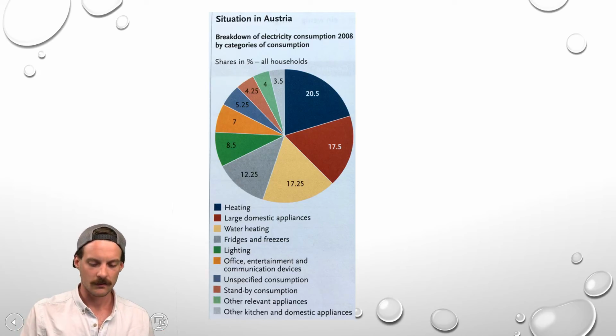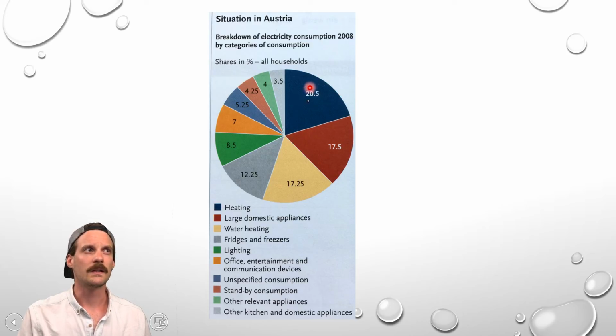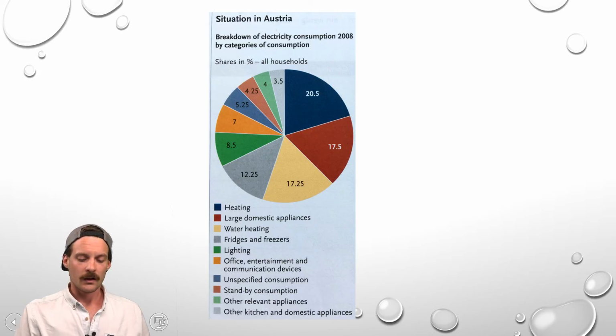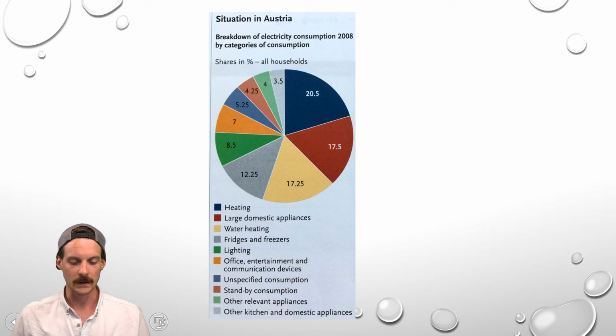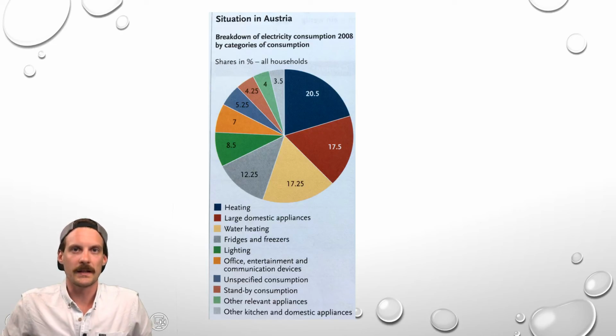Well, you see here, the biggest one is the heating. So the heating consumes a lot of electricity. So you could, of course, say that the heating is one of the highest consuming devices, or one of the categories that has the highest percentage of all the categories that are mentioned here.